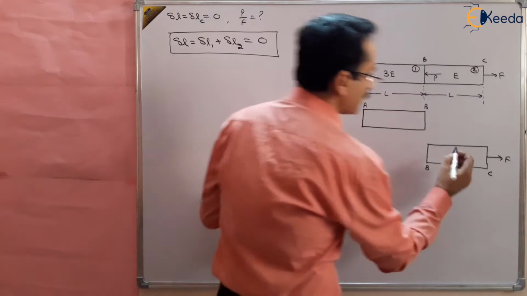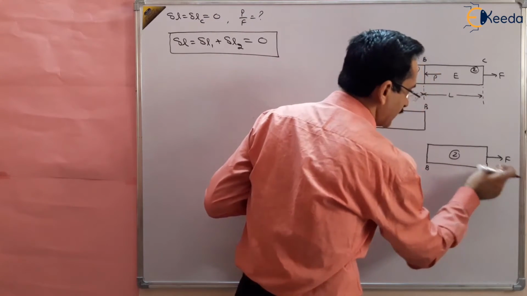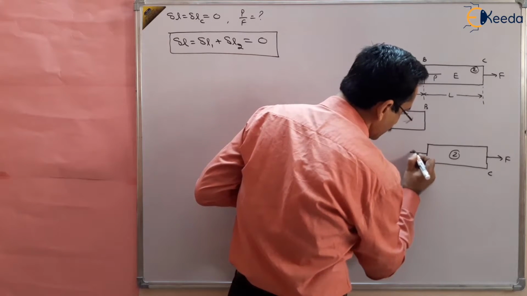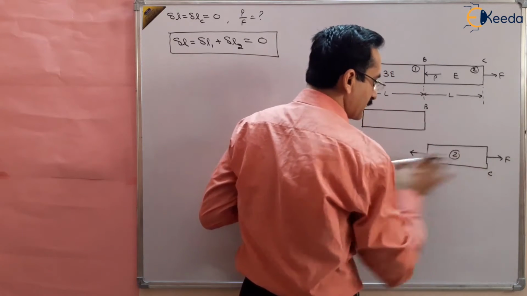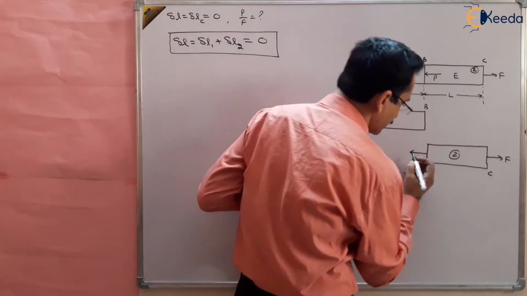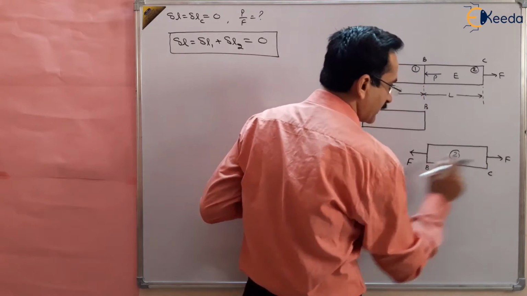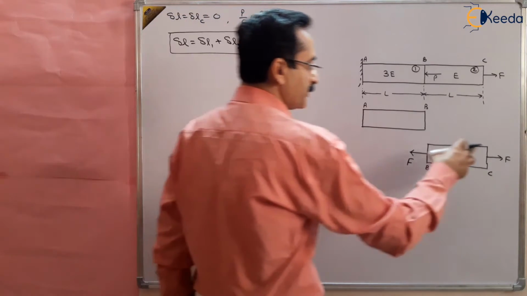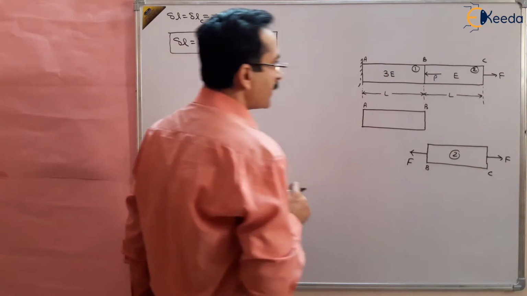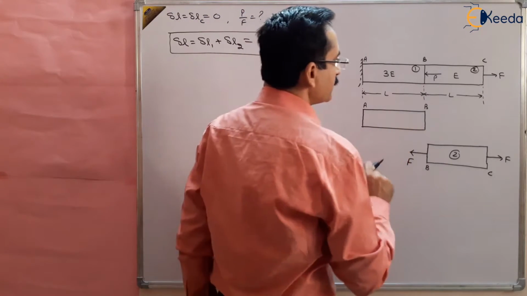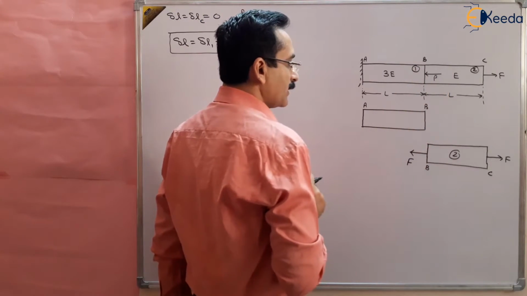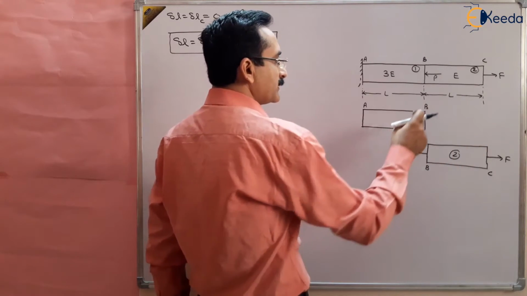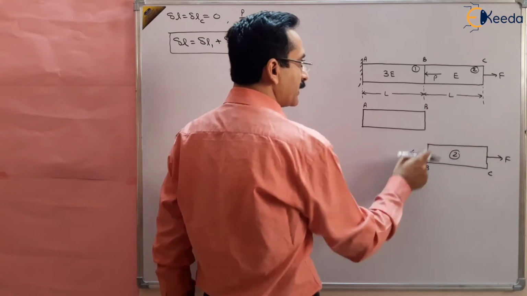The body is in static equilibrium. It means that the rightward force should be equal to the leftward force, so that the total force in the horizontal direction is equal to 0. So this F and this F should be equal but opposite to each other, so that the body BC is in static equilibrium. Now at point B, the total force is P. F we have already applied. So what force should be applied so that the sum of these two forces is equal to P?